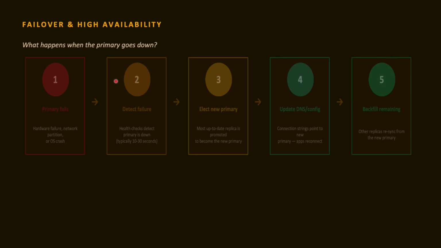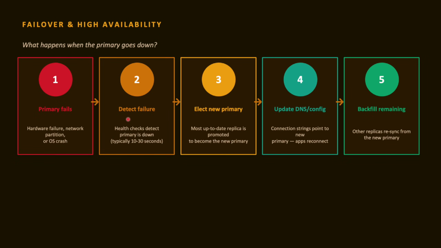Dear students, read replicas are not just for scaling, they are also your path to high availability. When your primary database goes down, you need to promote one of the replicas to become the new primary, and this is what we call failover, right? The failover process includes some steps. First, we detect whether the primary database is down or not.